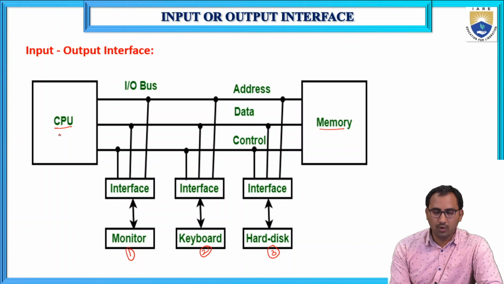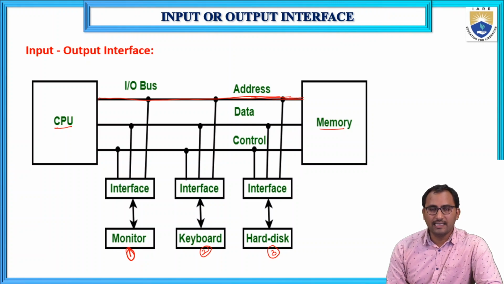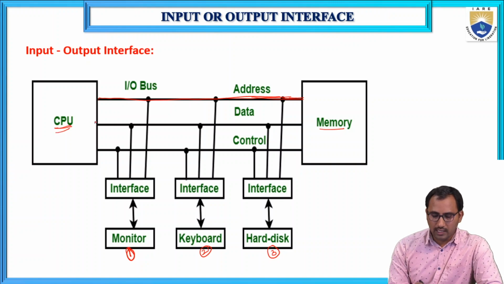Suppose the CPU wants to access the first IO device, then the CPU will generate the address of that particular IO device. That address will be placed in the IO address bus. The address bus carries the address information from the CPU to the corresponding IO device.